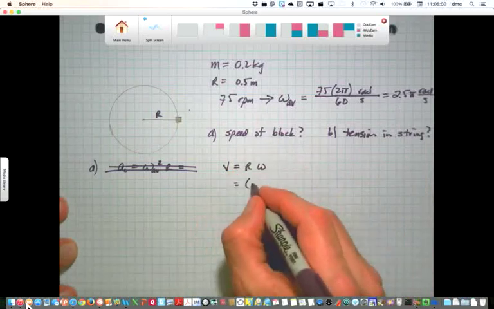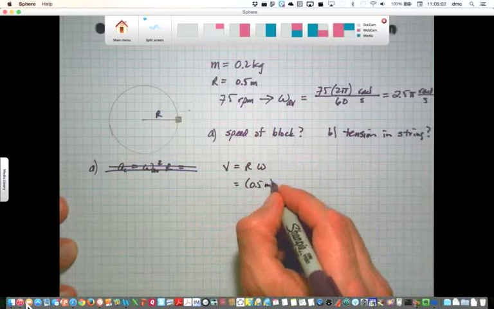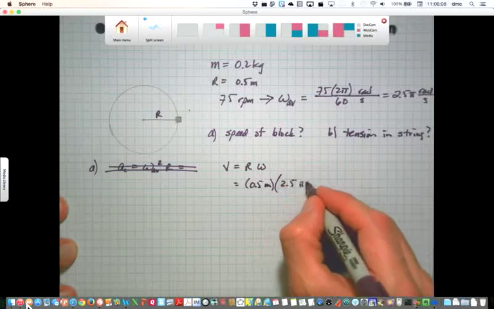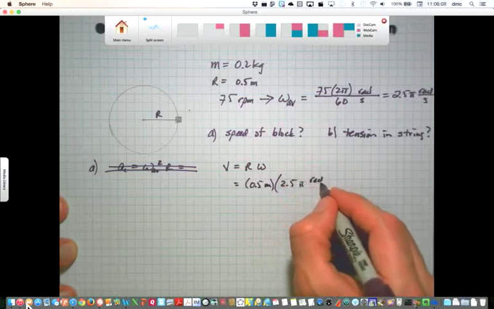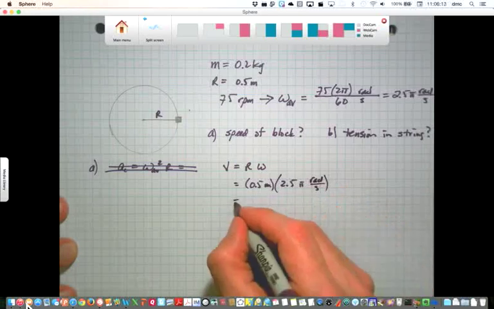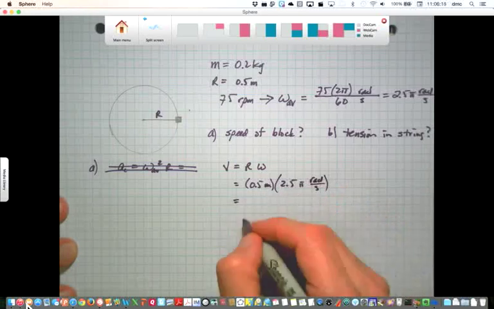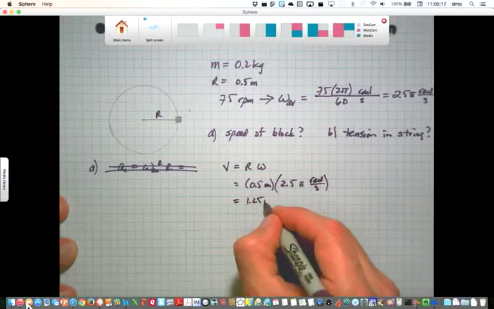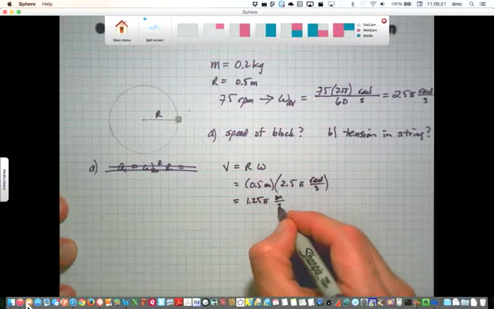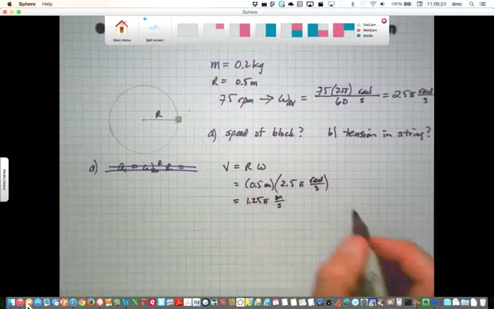So if we just take 0.5 meters times 2.5 pi radians per second, and that'll give us half of 2.5 is 1.25 pi in meters per second. And you wonder what happens to the radians. The radians is really just a placeholder in these.